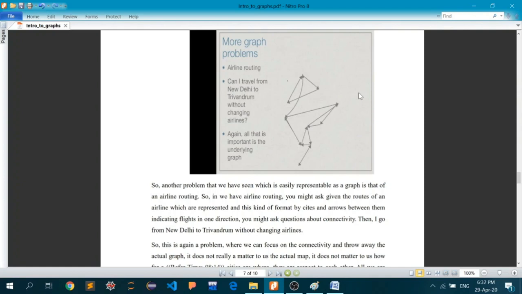But the travel company, the platform through which you are going to book your flight, has certainly devised some algorithm which will find out what kind of connections or what kind of flights you have to change or use to travel from New Delhi to Trivandrum.